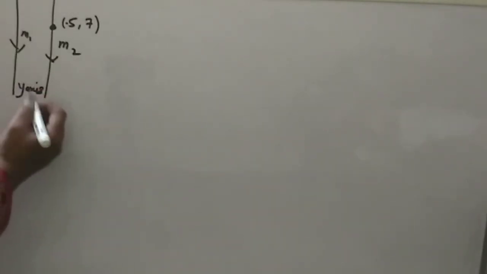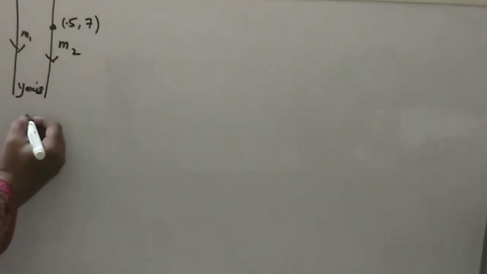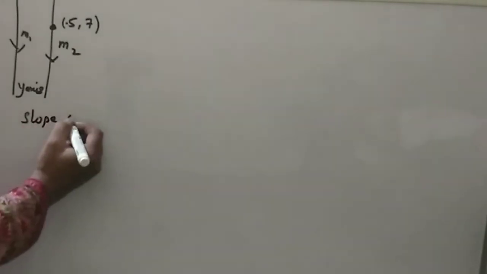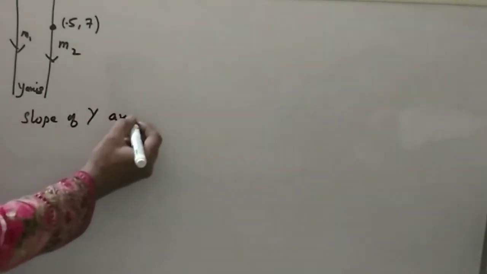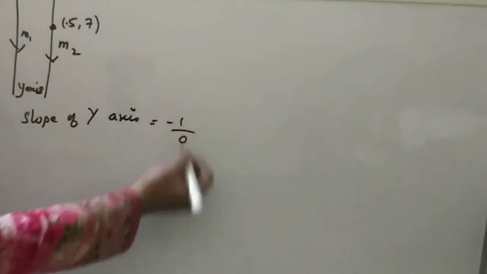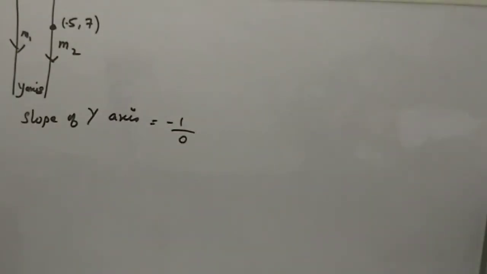Now, the line passing through the point (-5, 7) is parallel to the y-axis. Now we write the slope of the y-axis is equal to minus 1 upon 0. Clear? Minus 1 upon 0.